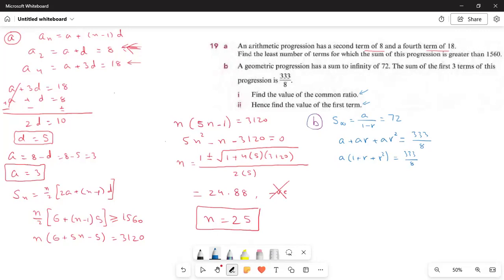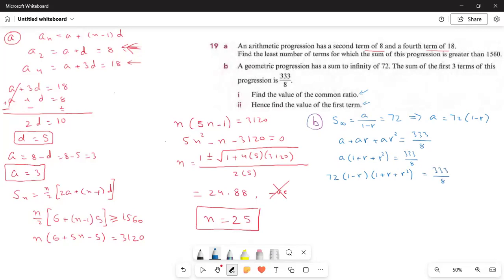If I substitute a from here, remember this means that a is equal to 72 times 1 minus r. So I will put this value of a over here. So a can be replaced by 72 times 1 minus r, into 1 plus r plus r squared. And this is 333 over 8.